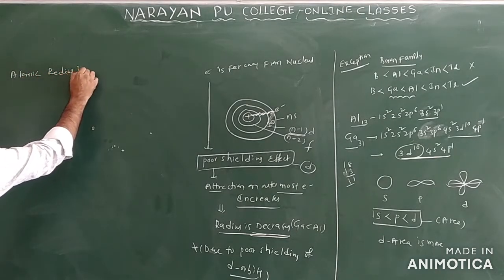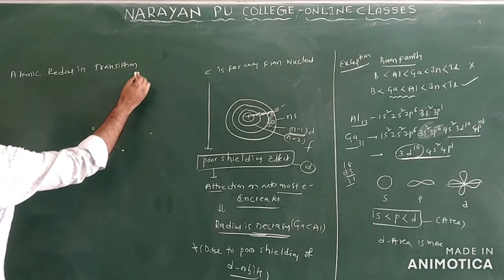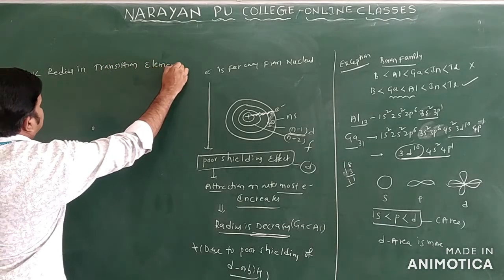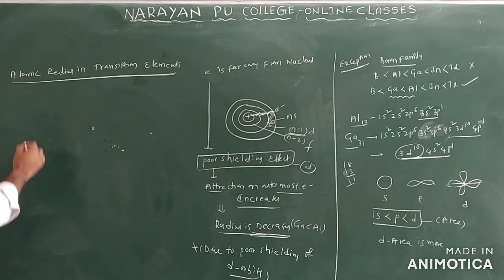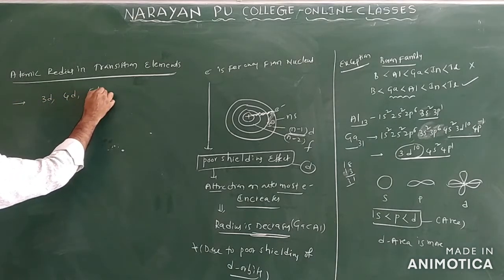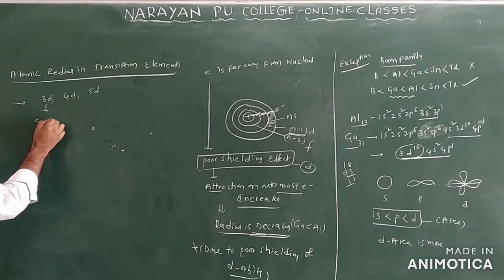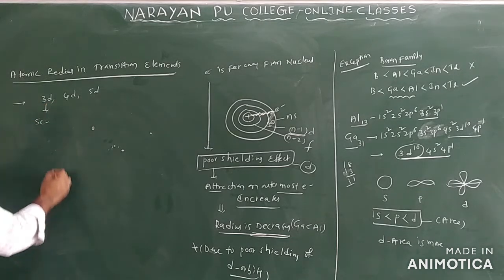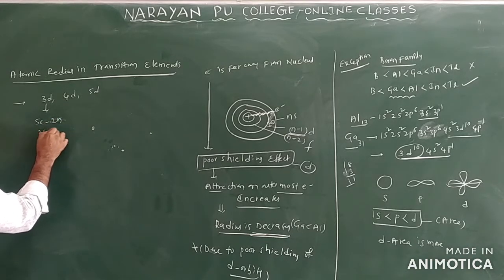Atomic radius in transition elements only. You know, in transition elements we have three series: 3d series, 4d series and 5d series. For the 3d series, you can take scandium to zinc, that is 21 to 30.